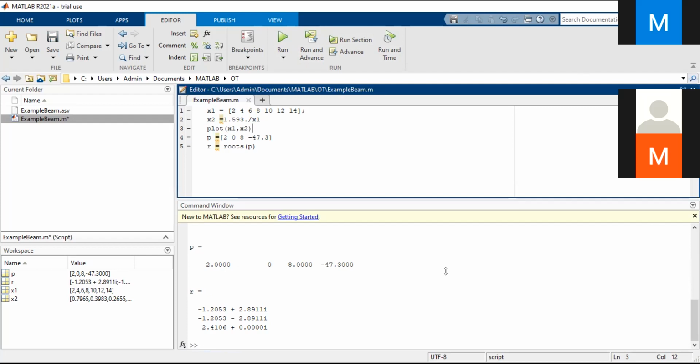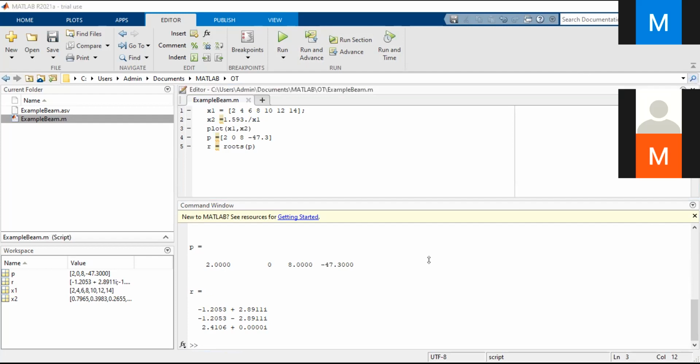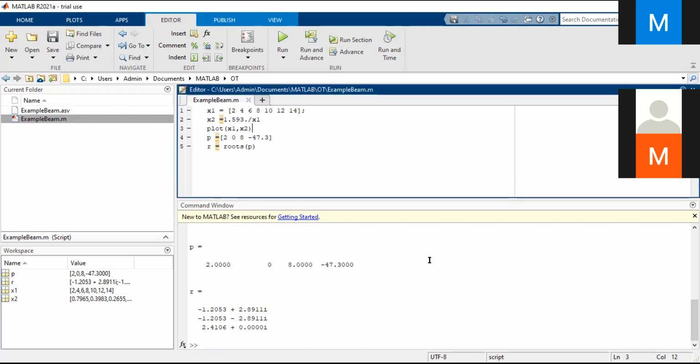So we have this graph, right? Krunal, now you know that for x1 is equal to 2, we get three different values. So what will we do in this case?